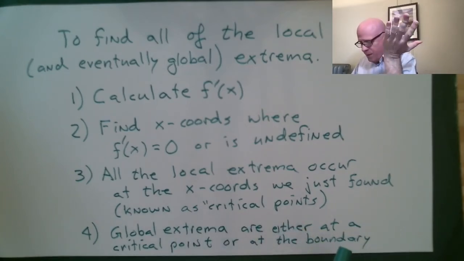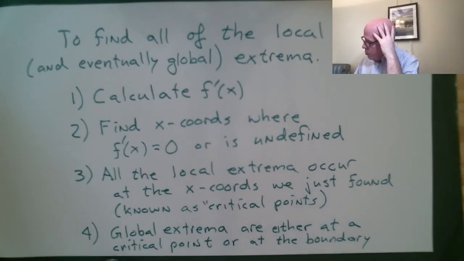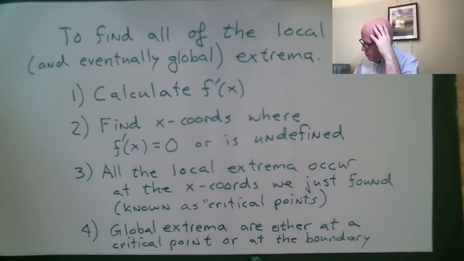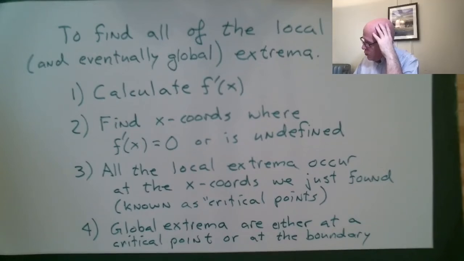Well, this generally means that there's a small and certainly a finite number of places where you have to check for global extrema. But point 4 is really kind of important to keep track of. You look at all those critical points, but also check out the boundary.